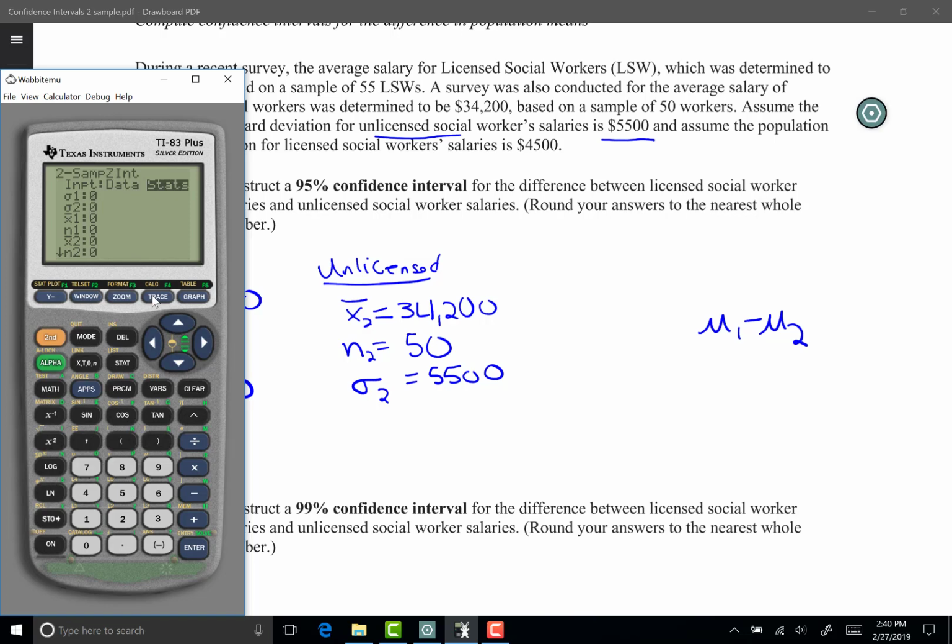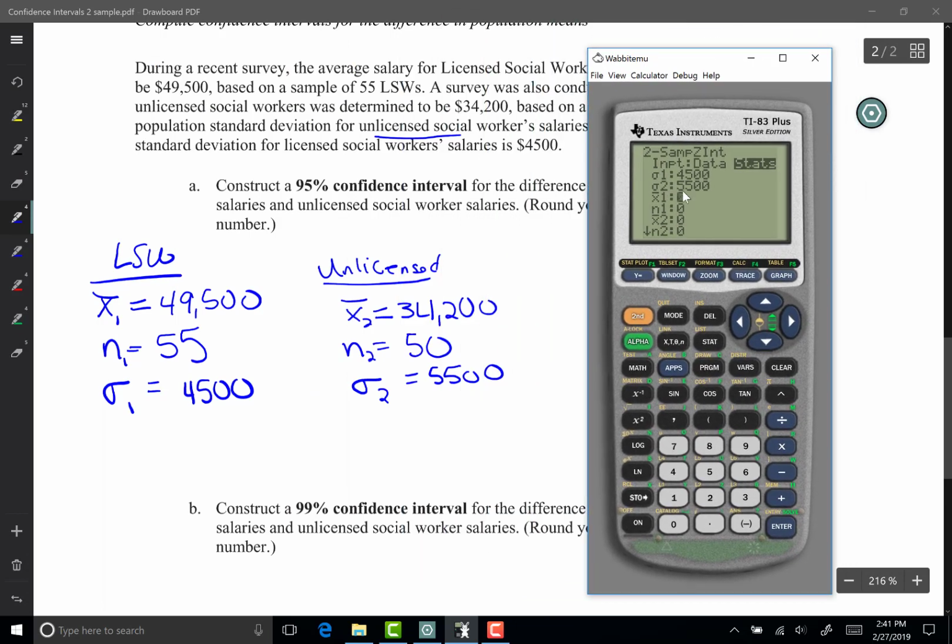We have our data. For our first sample, the population standard deviation was 4,500. For the second sample, it was 5,500. Our sample mean in the first sample was 49,500, with a sample size of 55.